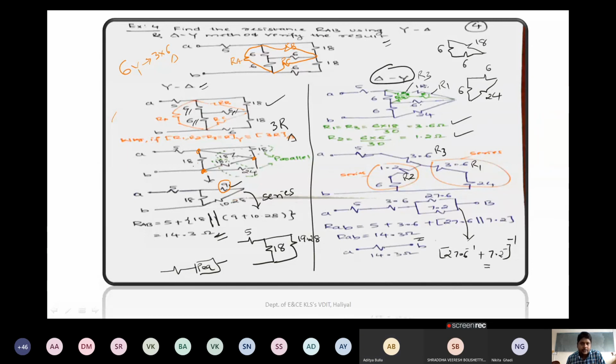Okay, and now these two things will come in series, 9 and 10.28. So that turns out to be 19.28 in parallel with 18. So arbitrarily you can mark some points, something like x, y, z, if you want. That z will not be considered. This is in series anyway. So if you place x, y here, these two will be in parallel. So if you take the equivalent parallel and add 5, you will get 14.3.